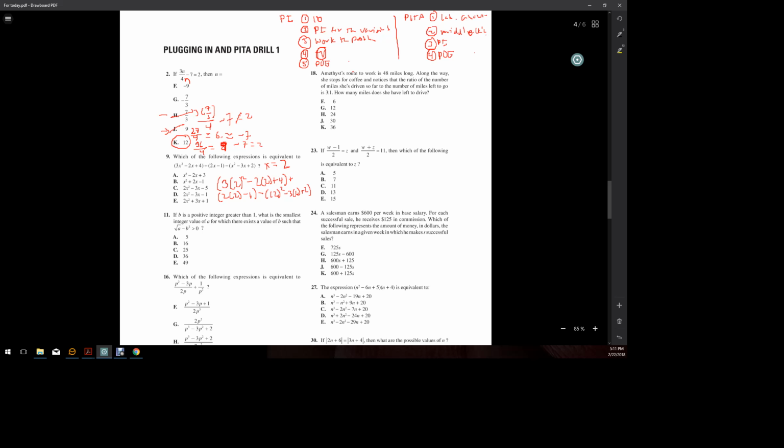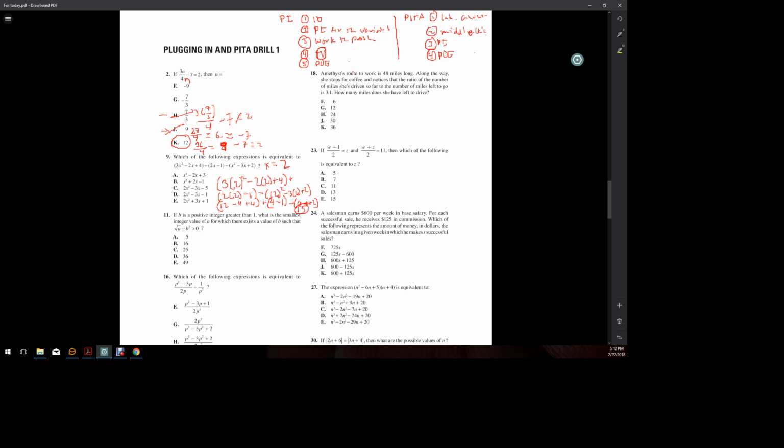Okay? And what that gives me is 12 minus 4 plus 4 plus 4 minus 1 minus 4 minus 6 plus 2. And when I add that all up, it gives me 15. And 15 is my target value. So I plugged in a value for the variable, worked the steps of the problem, and got my target value of 15.